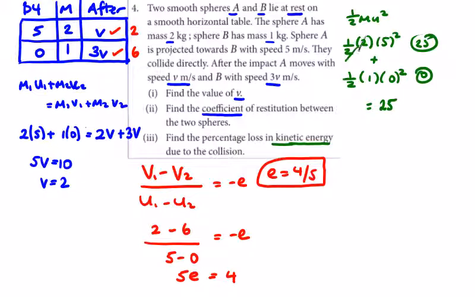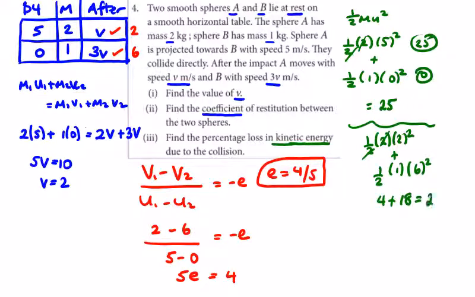They cancel. So after, we're going to give a half by the 2 by the v squared, which was 2 squared. And we're going to have a half by the 1 by 3v squared, which was the 6 squared. So we're just going to have 4 plus half of 36, which is 18, 22 joules.